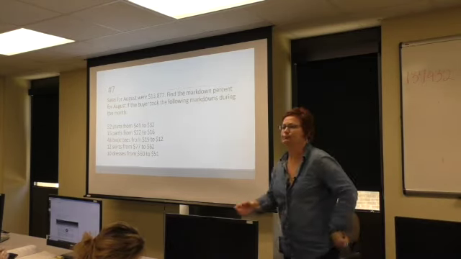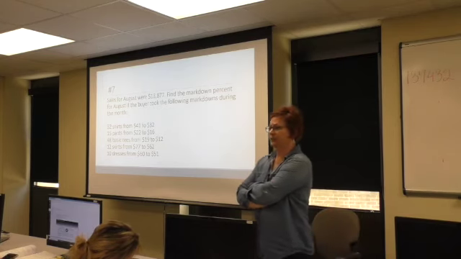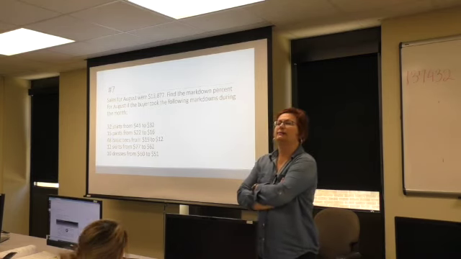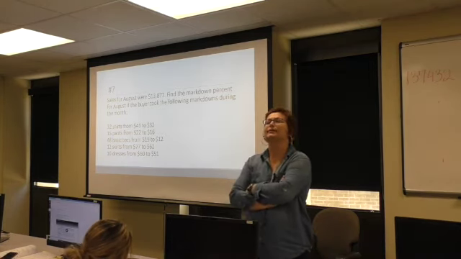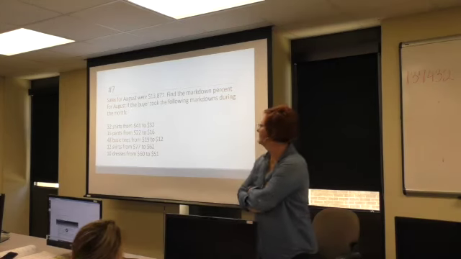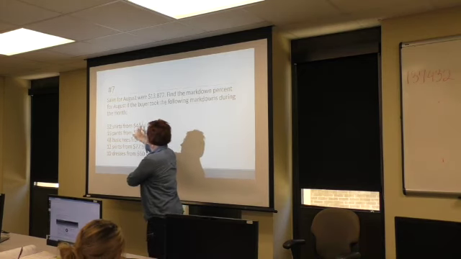All right, what do I do? Set it up for me. What do I need to do first? Okay. What am I subtracting? The person who said subtract. What am I subtracting? Okay.